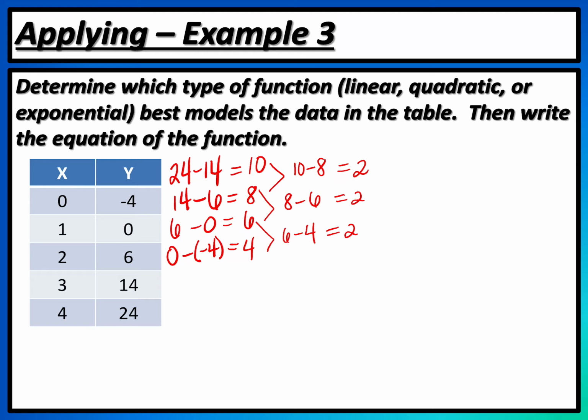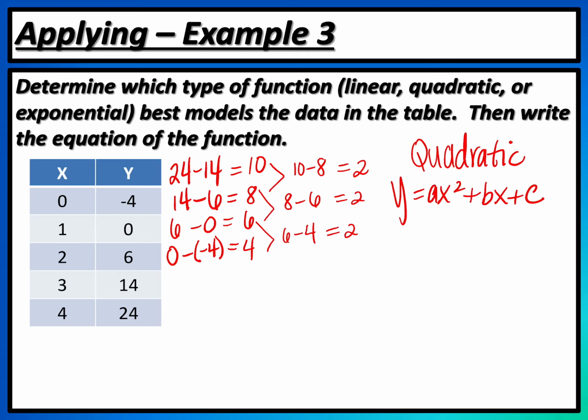Okay, and you see that we get the same difference. Okay, 2, 2, and 2, the same second difference. So that makes this quadratic. Okay, and that's y equals ax squared plus bx plus c.